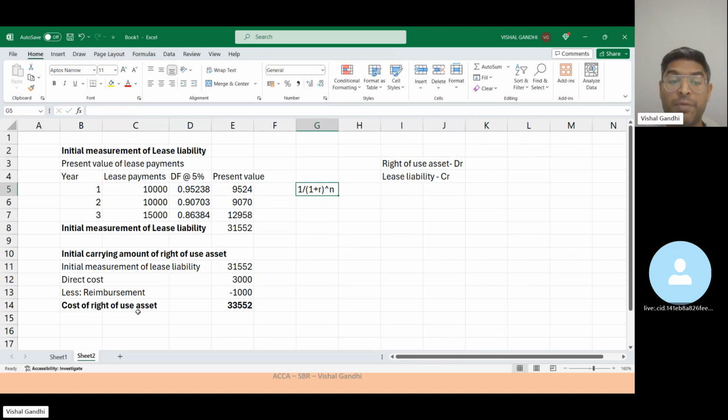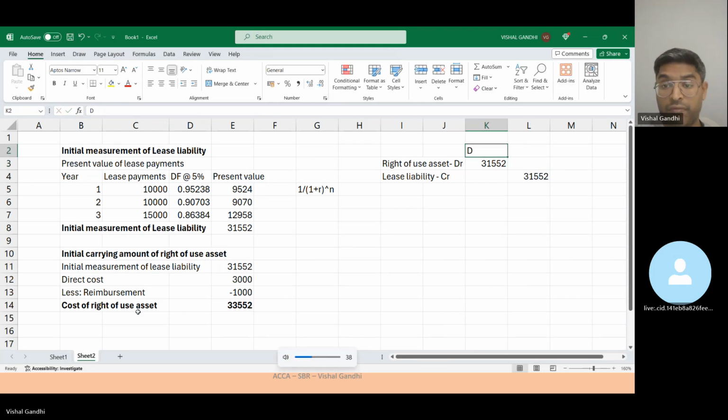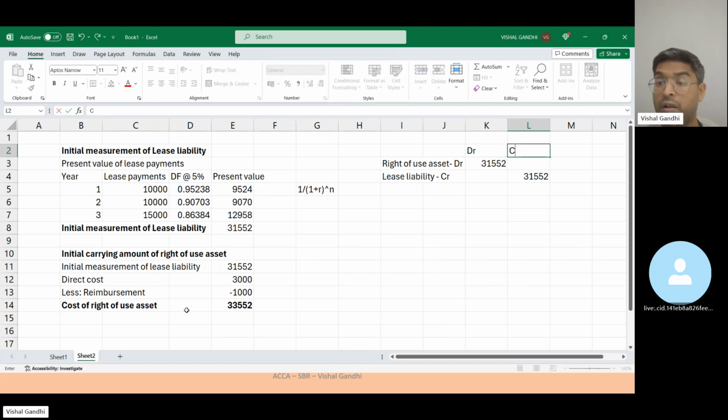That value will be the initial measurement of lease liability, 31,552. So 31,552 and 31,552. Let's say this is the debit column, and this is the credit.